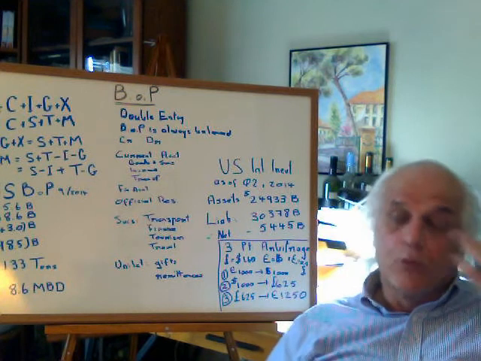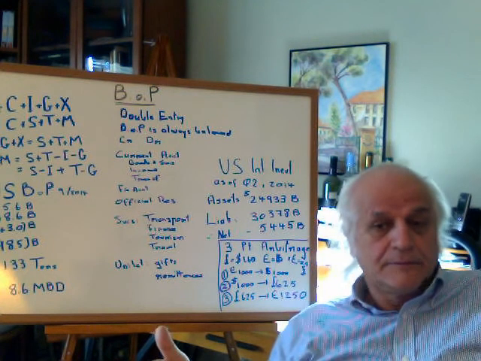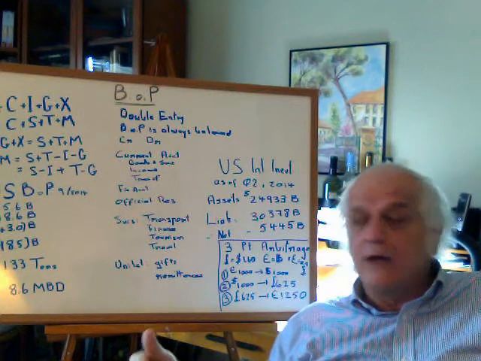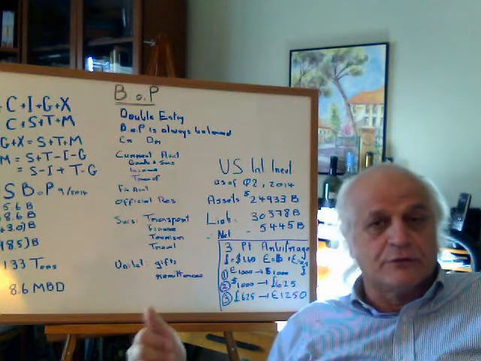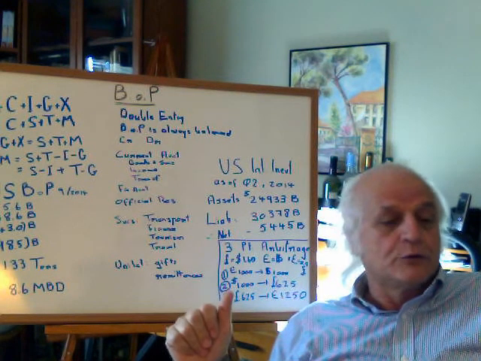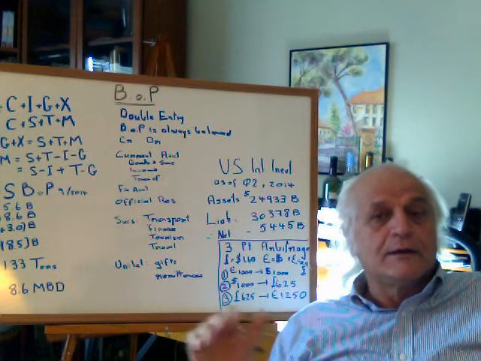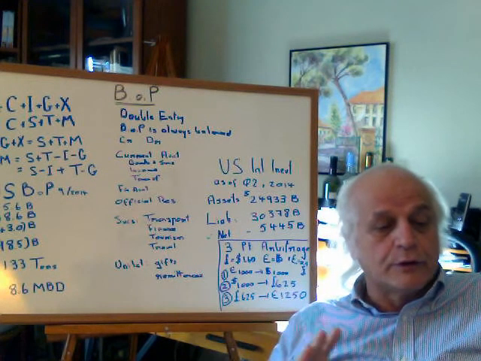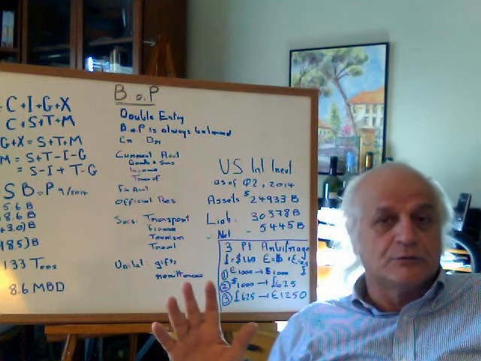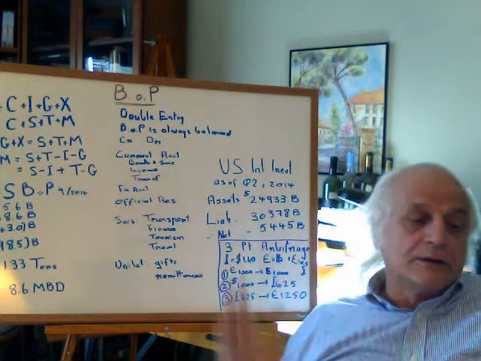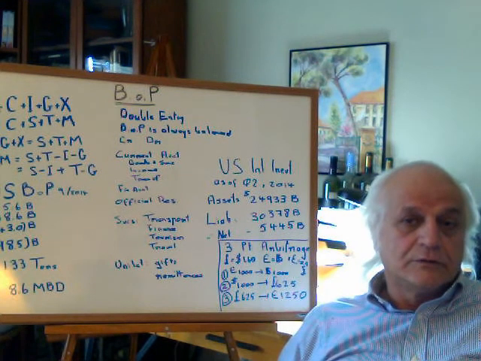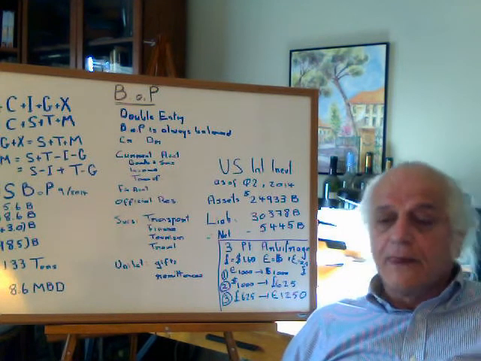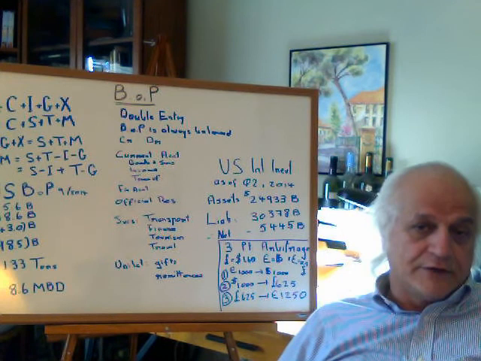So the U.S. was initially built by being a debtor country. It was the Europeans who helped build the railroads and what have you in the United States, up until after World War I. And then we went through a period of around 50 years whereby we were the major creditor country in the world. And right now we're again a debtor country in the world. What is important is not only whether you're a debtor or a creditor, but the use of these funds.